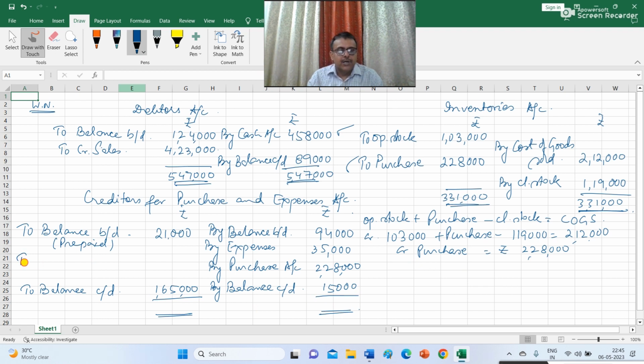The balancing figure from creditors for purchase and expense denotes the amount paid for purchase and expense, and the figure is 1,86,000. Basically this is the amount that has been paid to the creditor for purchase and expenses together. The sum total of debit and credit side is 3,72,000.